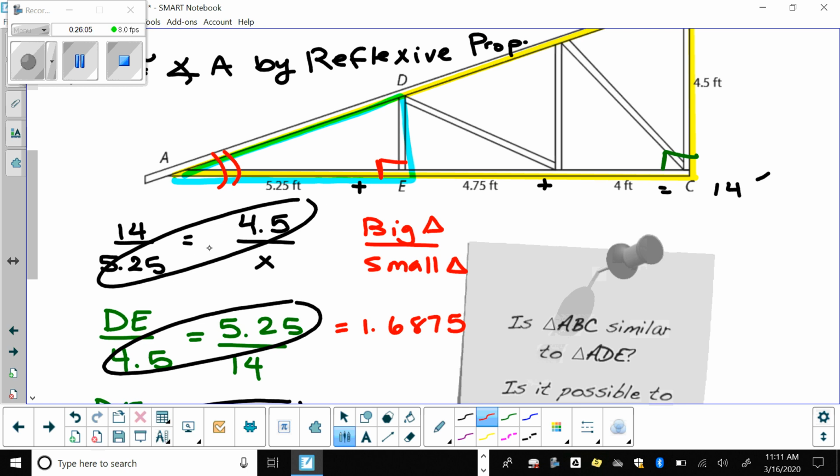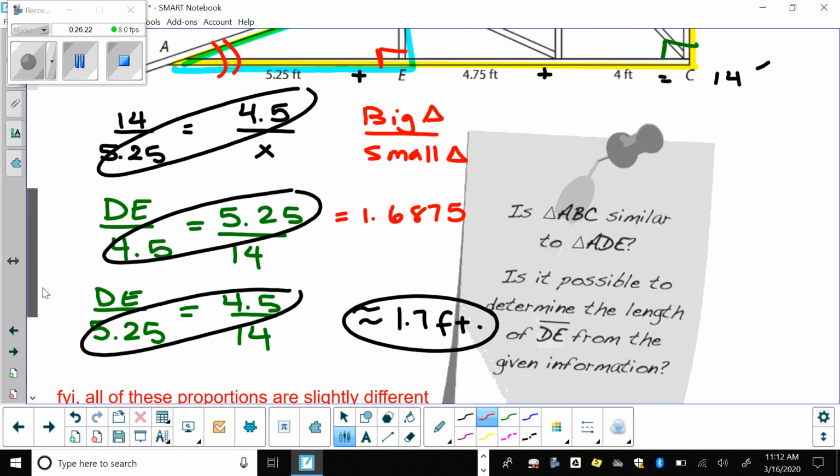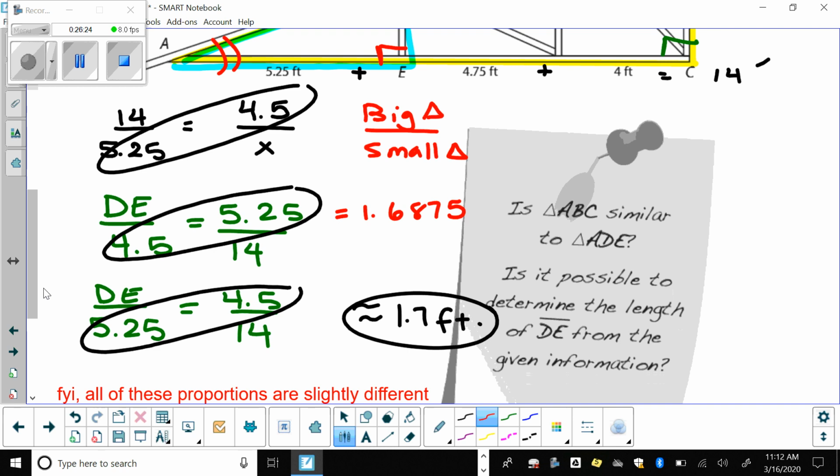And it's equal to, so again, I did big triangle over little. So let's go to the big triangle. Oh, okay, this vertical height is 4.5. I don't know what segment DE is. So that's my X, and here you go. If you do the math correctly, you should get approximately 1 7/10 of a foot.